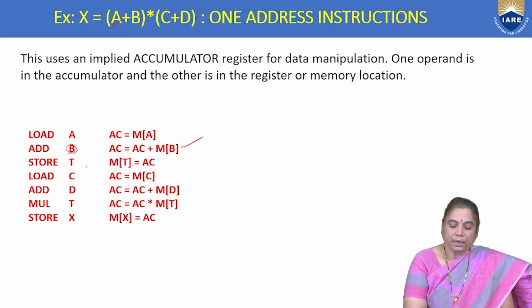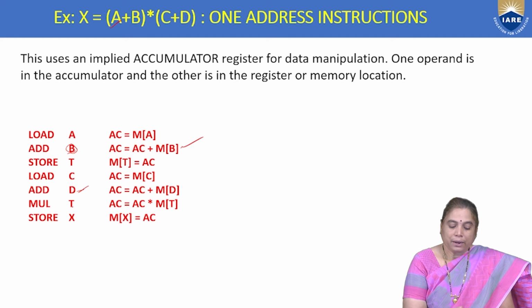Next, store T: the sum generated with the help of A plus B is stored in the temporary variable T. Next, load C, add D. So here the C plus D operation is performed. D is explicitly specified as the address, and the C value is already available in the accumulator.